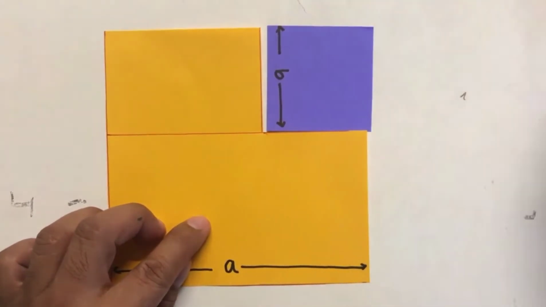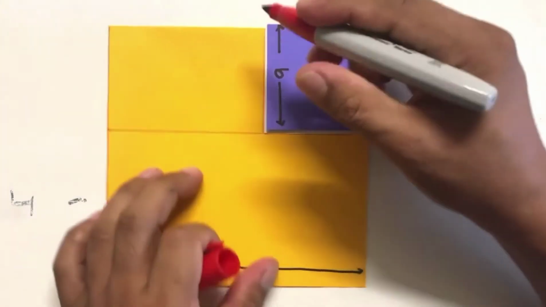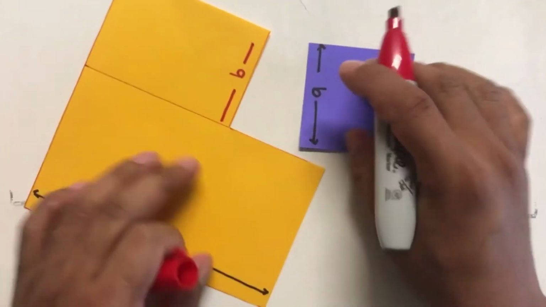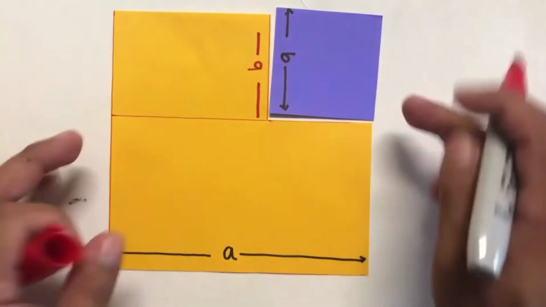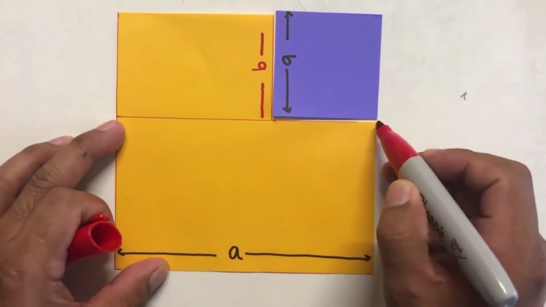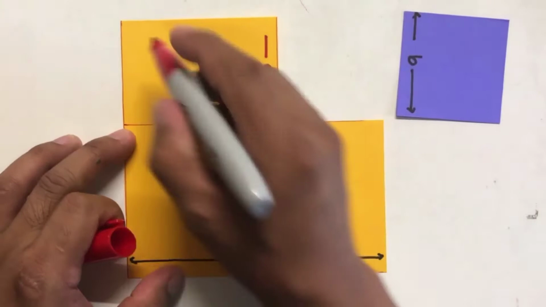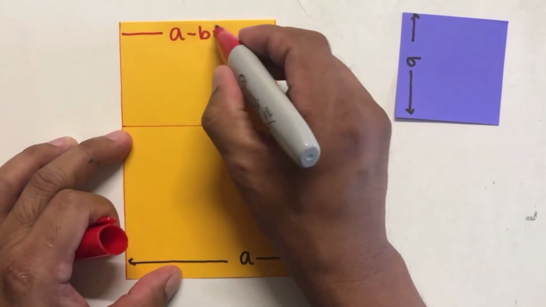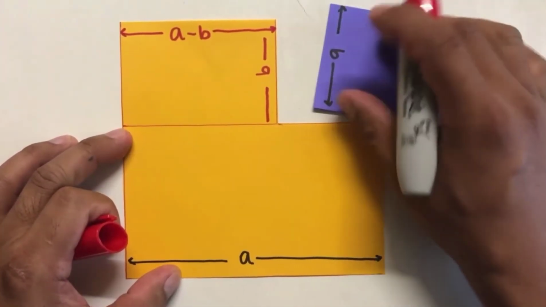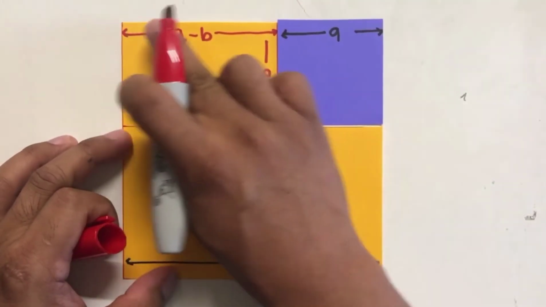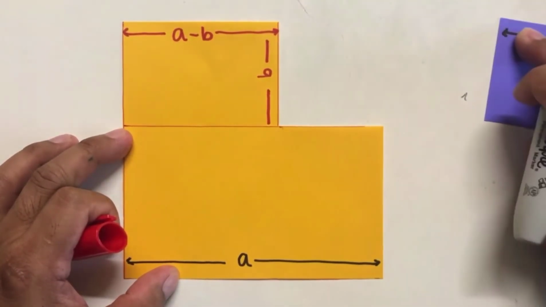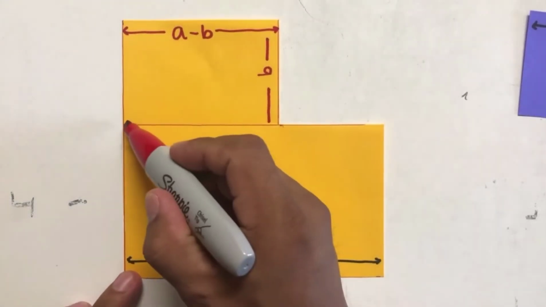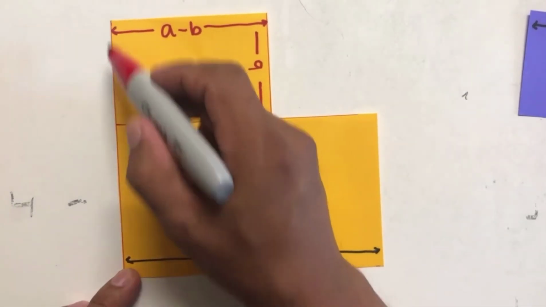If this is B units, then we know that this length here is also B. Now, if originally this length from here going here is A, if we subtract this part, then from here going that way would be A minus B. The reason is originally the entire length is A, but we remove this B, so it becomes A minus B. Equivalently also, from here going to that part is A minus B because from here to that part is B.